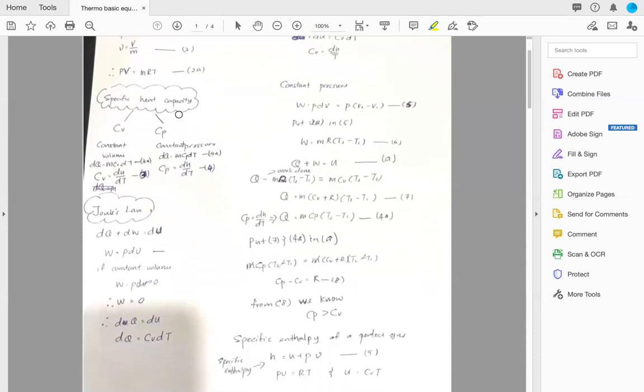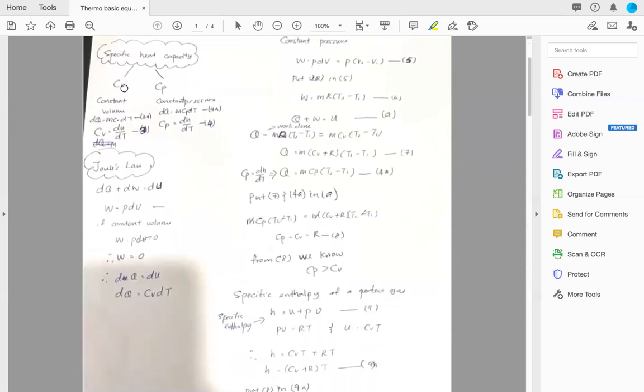So specific heat capacity, we have two. One is CV and another one is CP. CV is constant volume. So if you refer to your textbook, CV is normally related to the internal energy, delta U over delta T. You can write it as the heat delta Q equals to mCV delta T at constant volume condition.